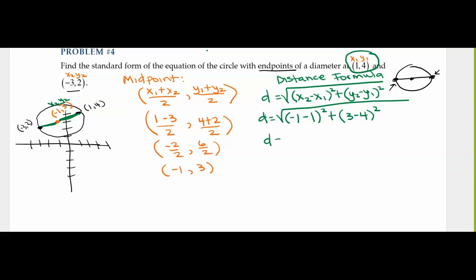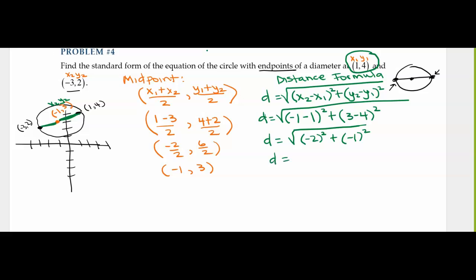All right, now let's just simplify this. So inside, we're going to do our square root very last. We have to simplify the stuff inside first. So negative 1 minus 1 is negative 2 all squared. And then 3 minus 4 is negative 1 all squared.